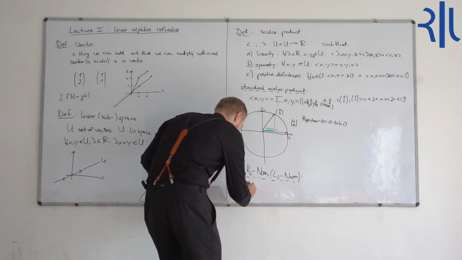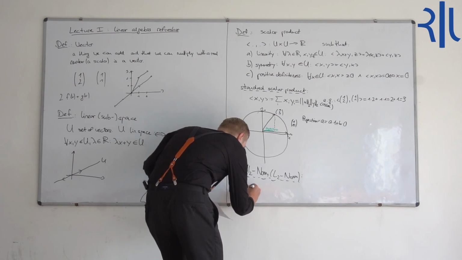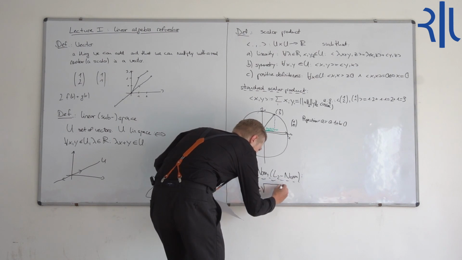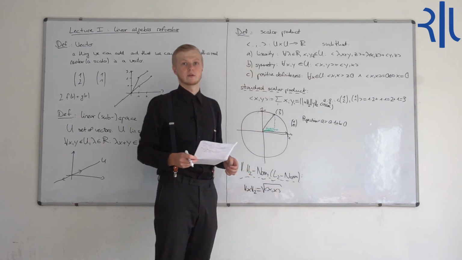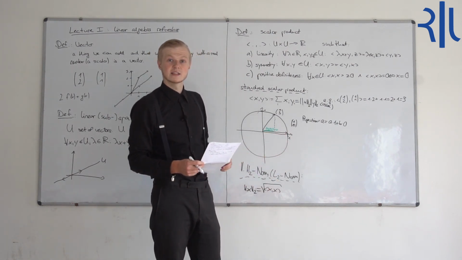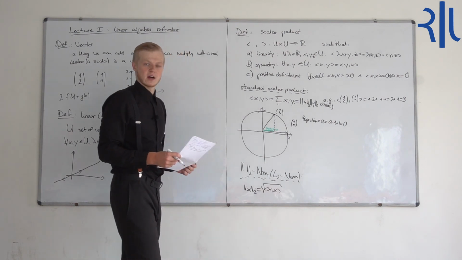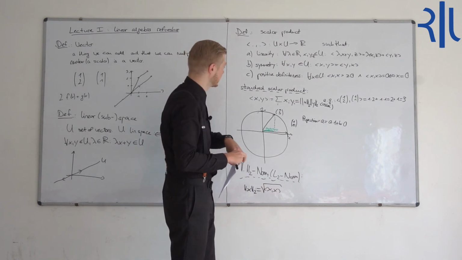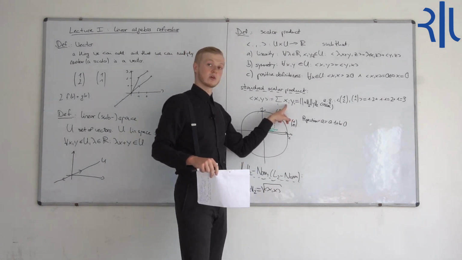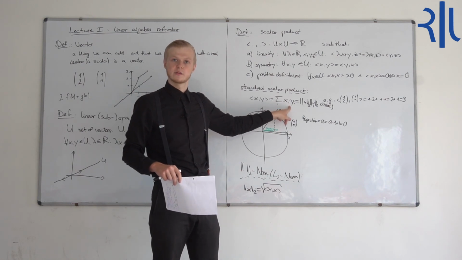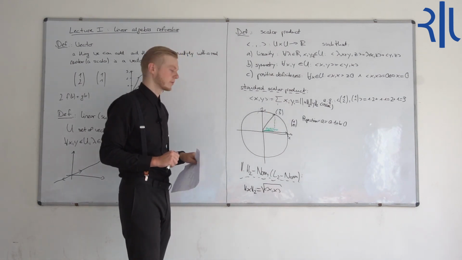And the L2 norm is simply defined as the square root of the scalar product of the vector with itself. So what does it mean? It is just as if you calculated the length of the vector with the Pythagorean theorem. So when you plug that into this formula, you get x1 squared plus x2 squared and so on, and you take the square root of that, which gives you just the length of the vector.